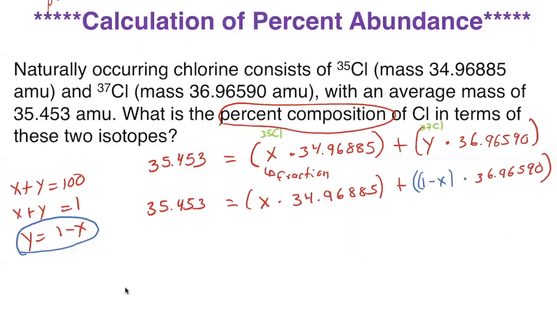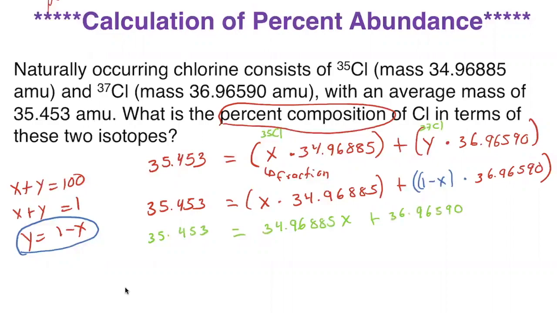So when you manipulate this, you're pretty much going to end up with 35.453 equals 34.96885X plus 1 times 36.96590.